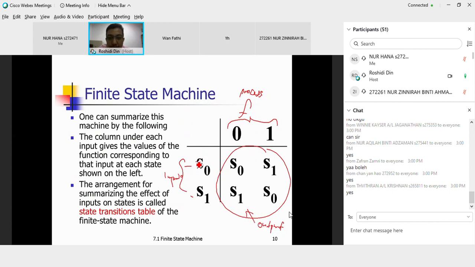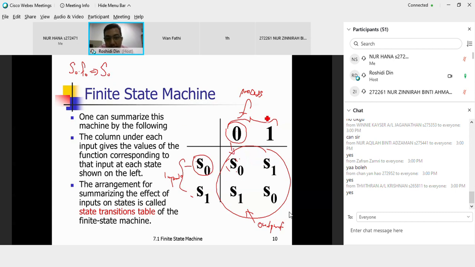So input, process, output. If we put the input with the process, we can get the output. So we can normalize it: S0 with F0 will be S0.